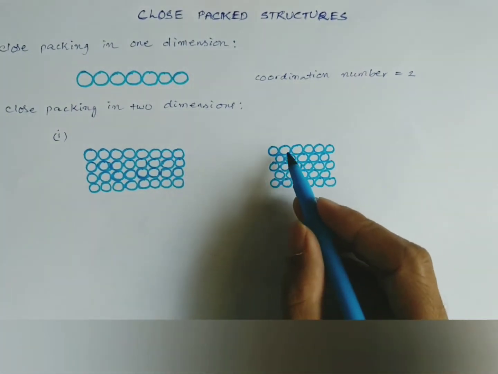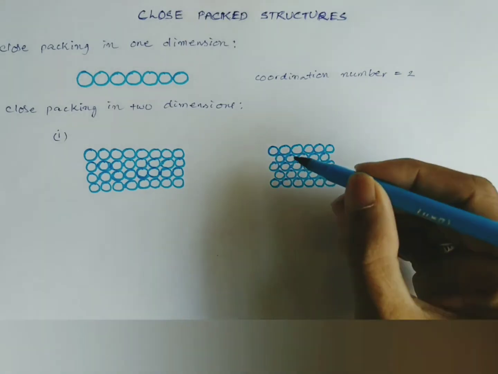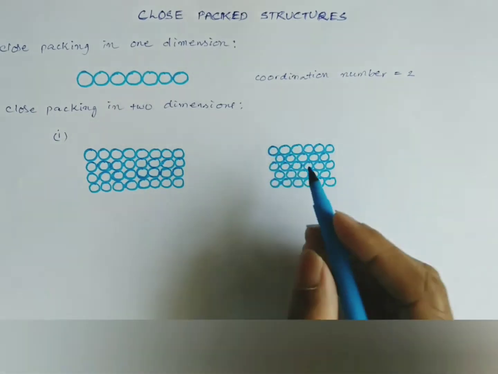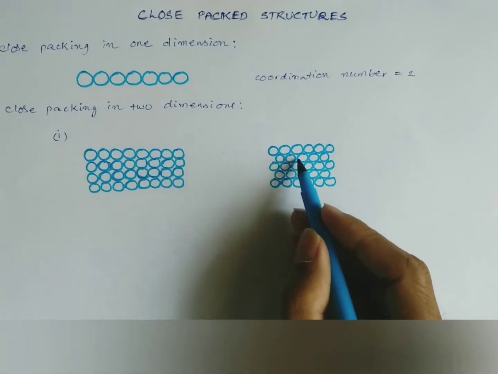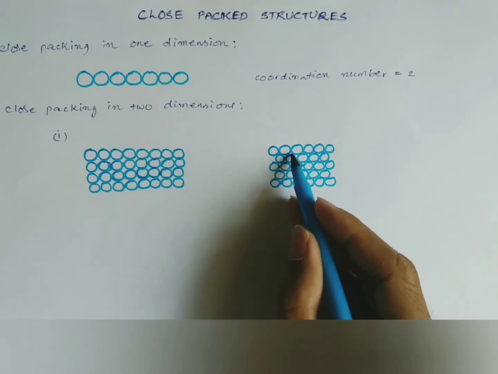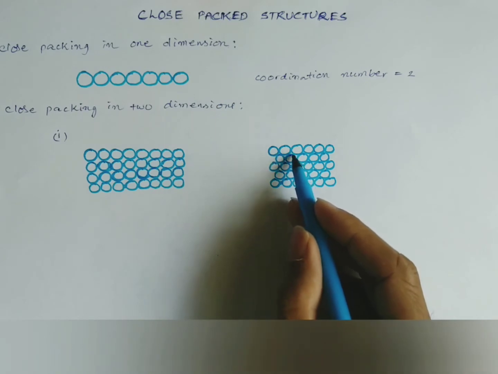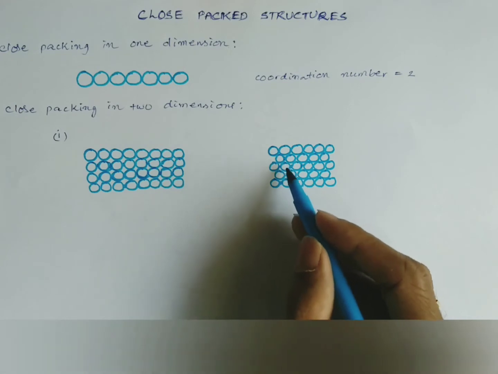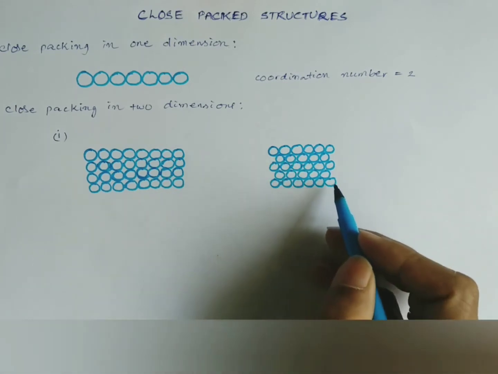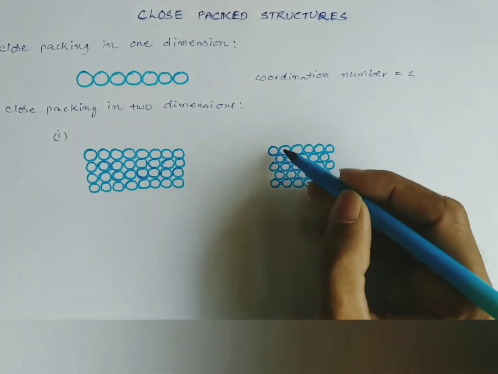So here you can observe the atoms are only horizontally aligned, but they are not vertically aligned, because the second row of atoms is laid in the depressions created by the first row of atoms. So this is coming in the depression of the first row of atoms. So like this, these are laid side by side, so that there is only horizontal alignment but no vertical alignment.